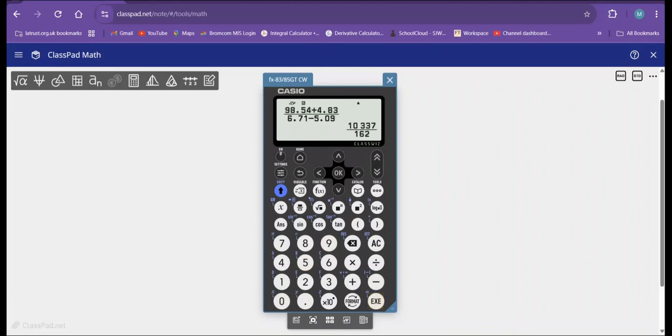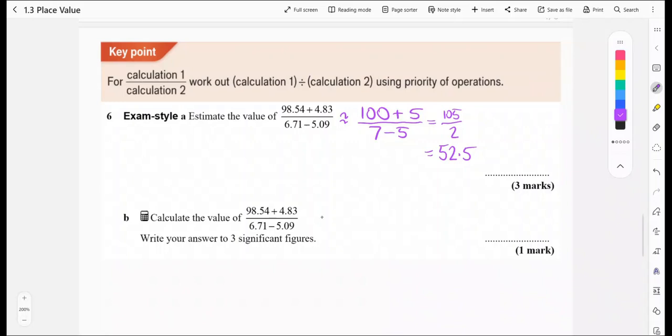Now we've got a fraction as our answer there. On this calculator, to change that to a decimal, I press Format, the down arrow, and OK for decimal. And I get an answer of 63.80864198. Okay, so it's good practice to write that answer down in full.